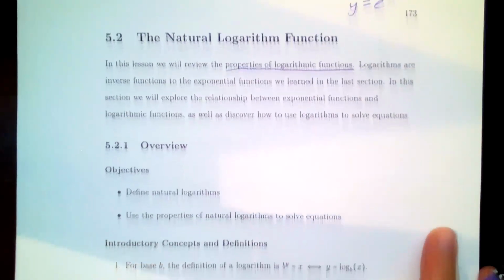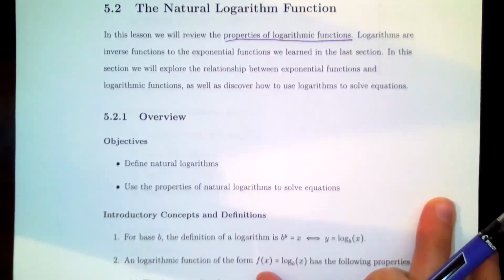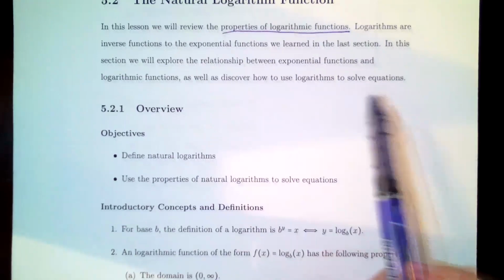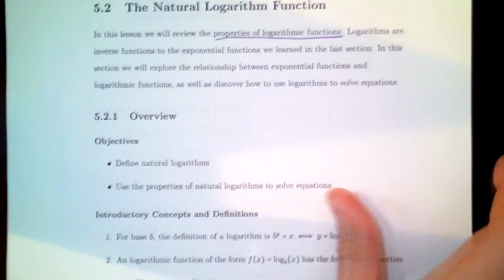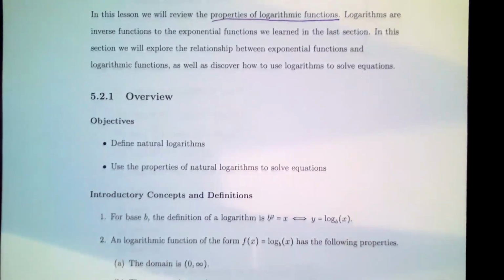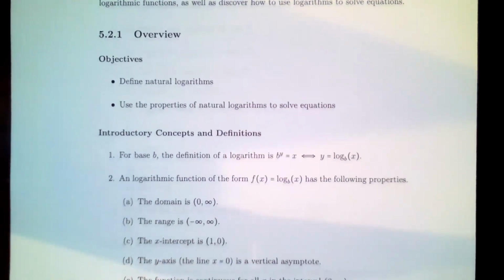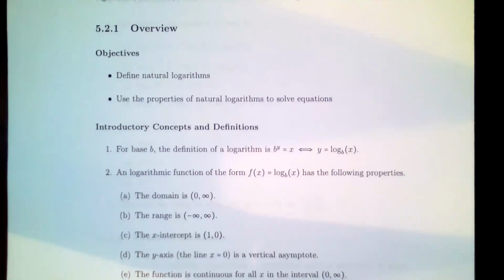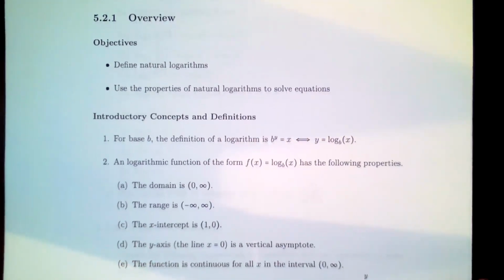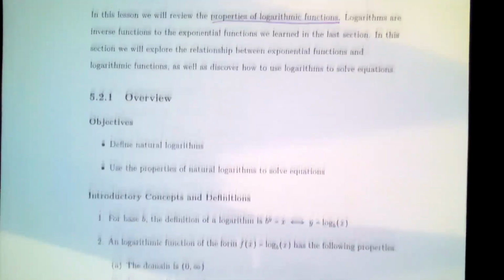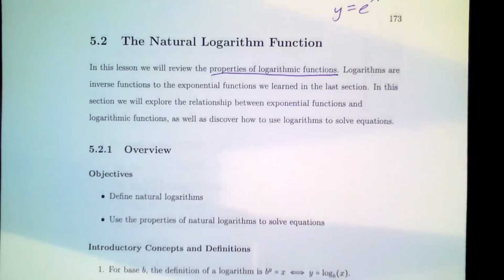In this section, we're going to think about the relationship between exponential functions and logarithms and some properties of logarithms themselves. This will be helpful once we do eventually start doing derivatives again. So you might think of section 5.2 as more of a college algebra review.